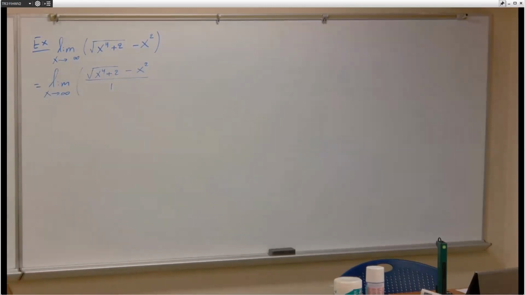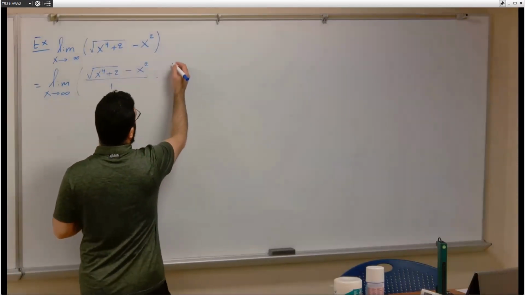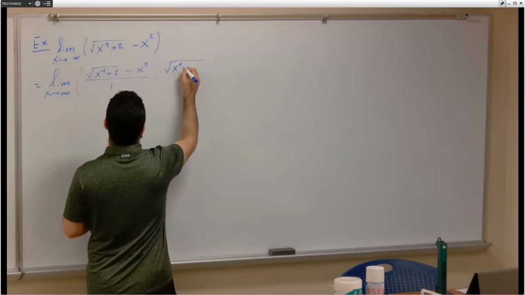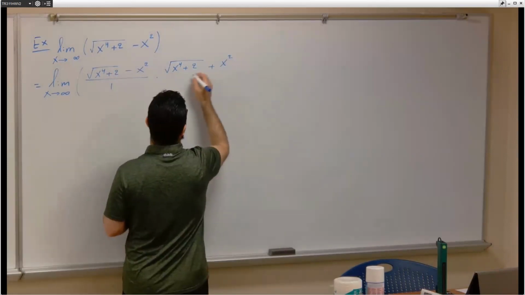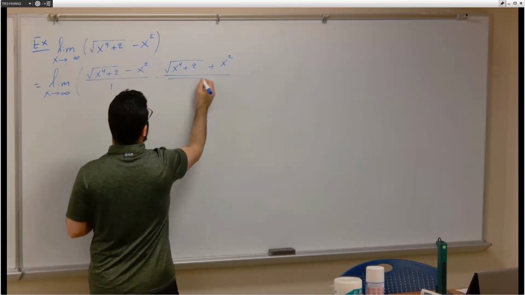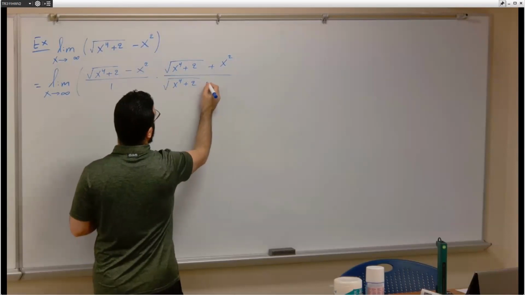That means when I have a radical, I'm going to multiply by the conjugate. I need to cancel the radical, so it's easier for me. I'm going to multiply by the square root of x to the power 4 plus 2 plus x squared, and everything also here, the square root of x to the power 4 plus 2 plus x squared.